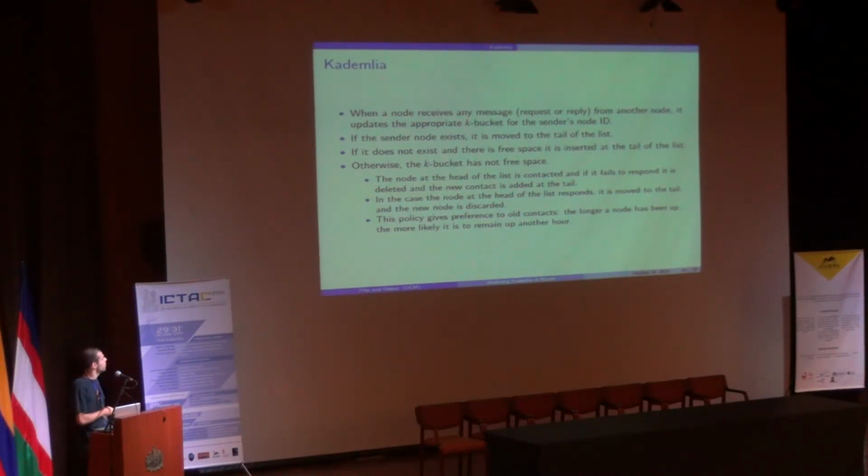Otherwise, the protocol pings the process at the head of the list. If it is still up, you keep it and discard the new one; otherwise, you discard the head of the list and put the new one at the end. This policy gives preference to old friends, which are supposed to be more reliable.